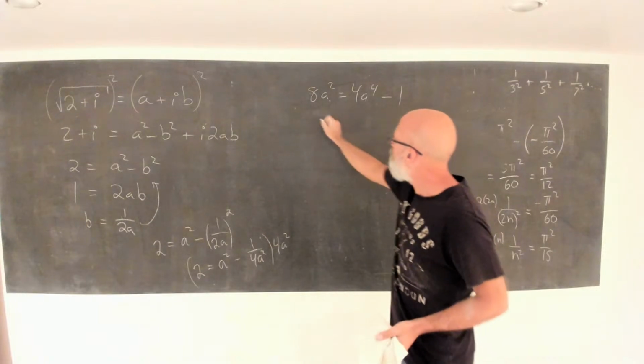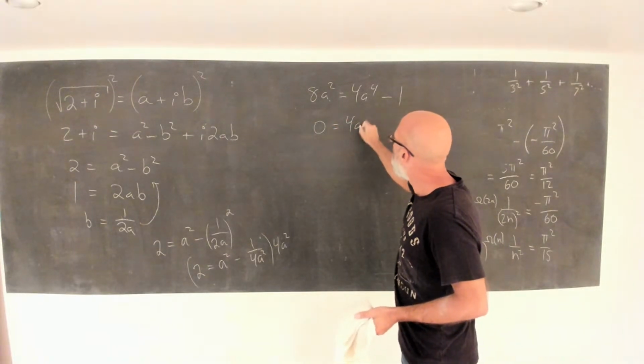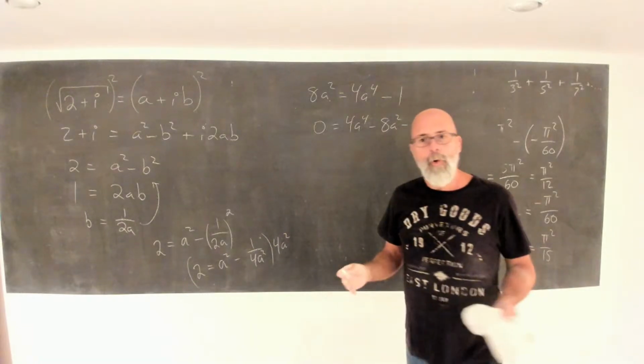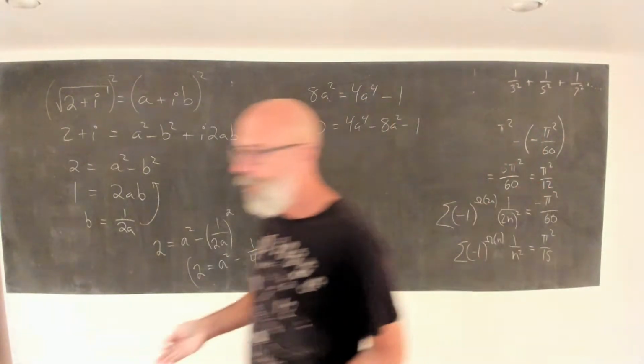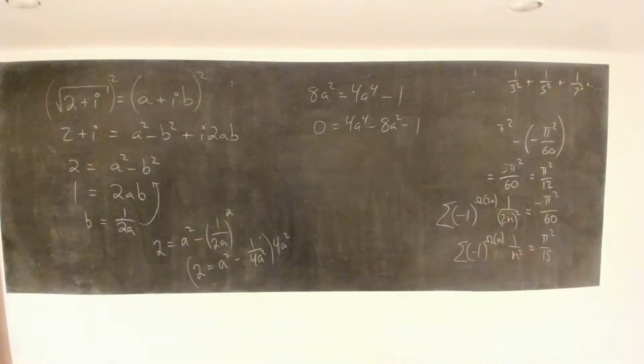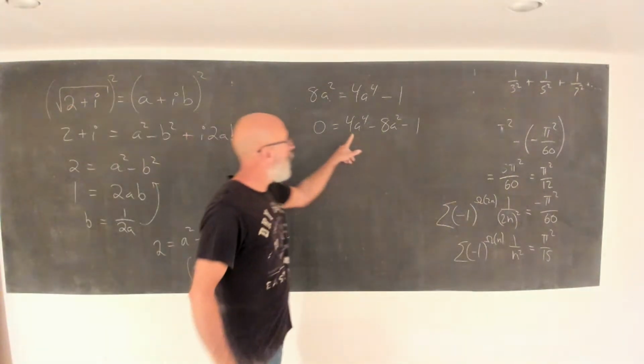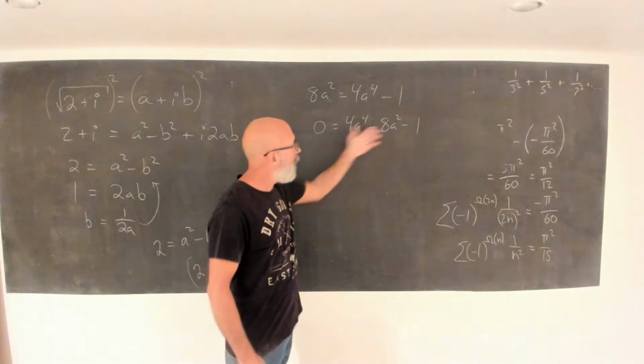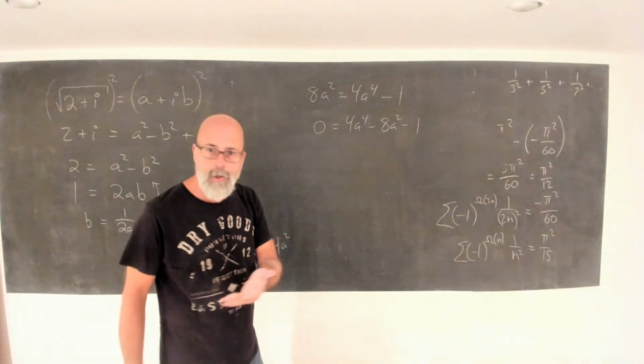Bring this to the other side. And what you realize is that you have a quadratic. It looks like a polynomial of degree 4, and it is, but it's actually a quadratic in a squared.